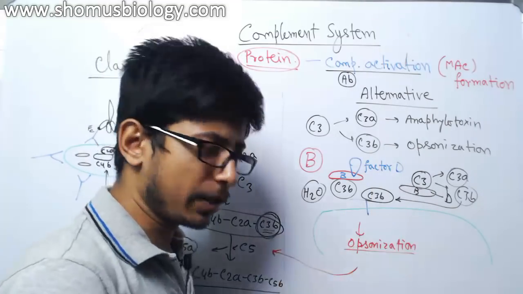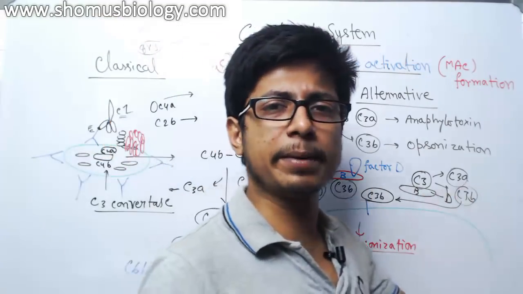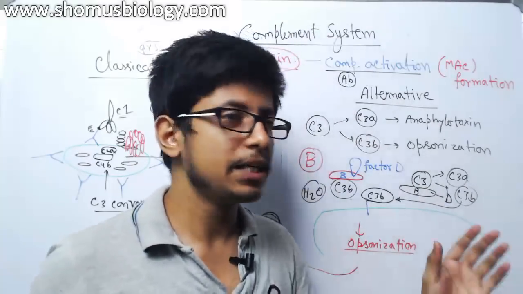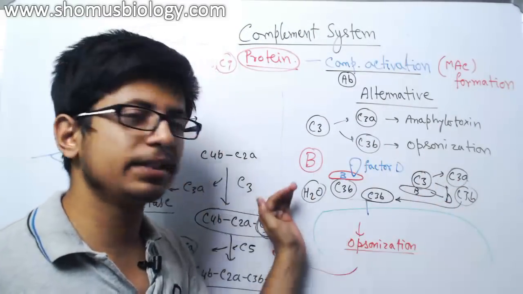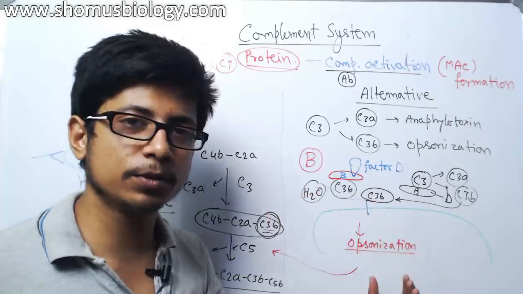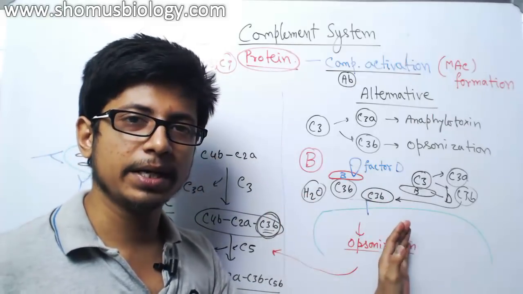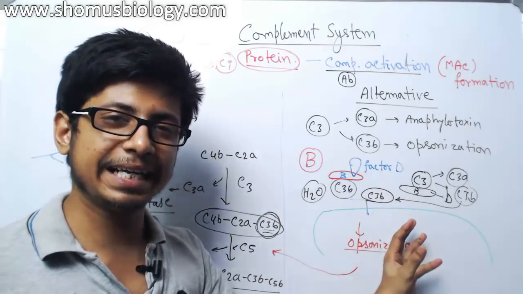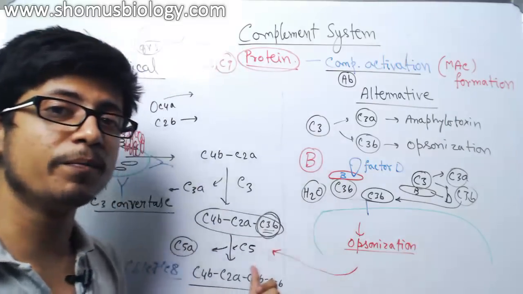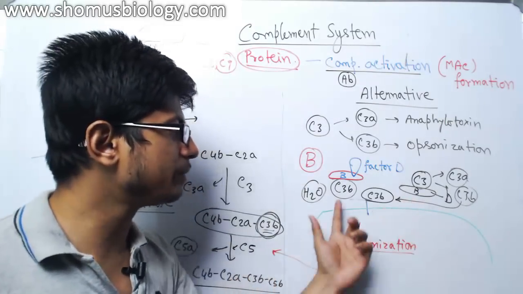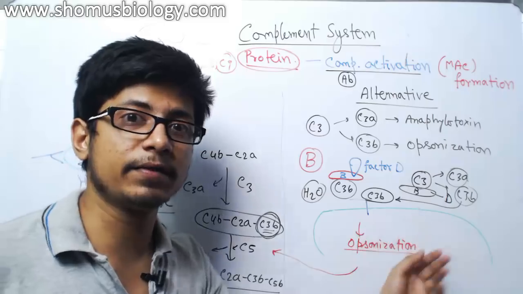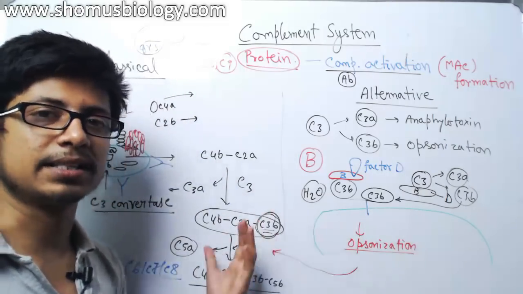By that fashion, we can produce more and more C3b which are embedded to the membrane, and that circulating C3b in there can help in the opsonization. It will also help in the process of killing the cell with the formation of membrane attack complex, because any time the C3b can act as a C5 convertase and go back to the classical pathway.